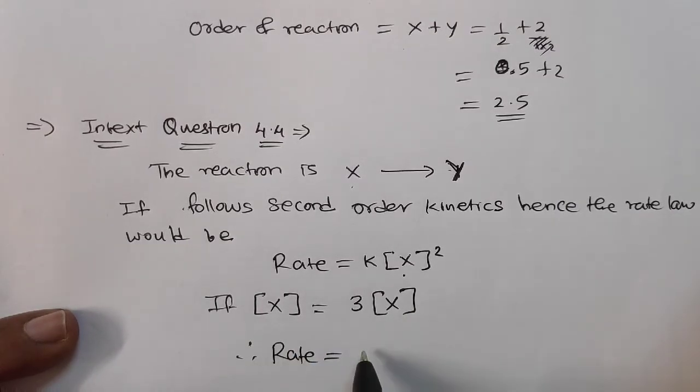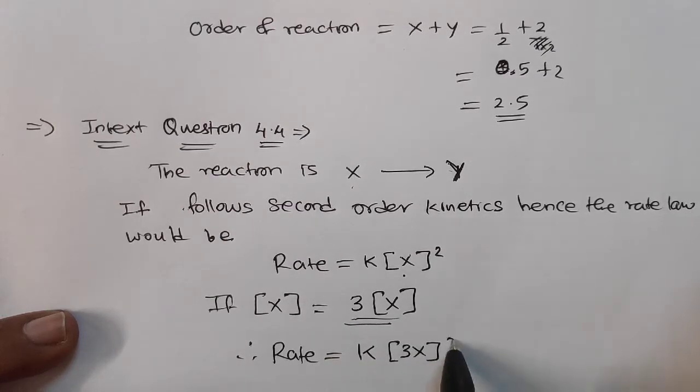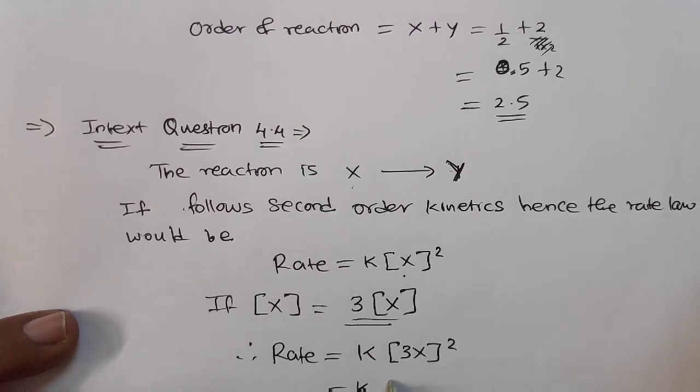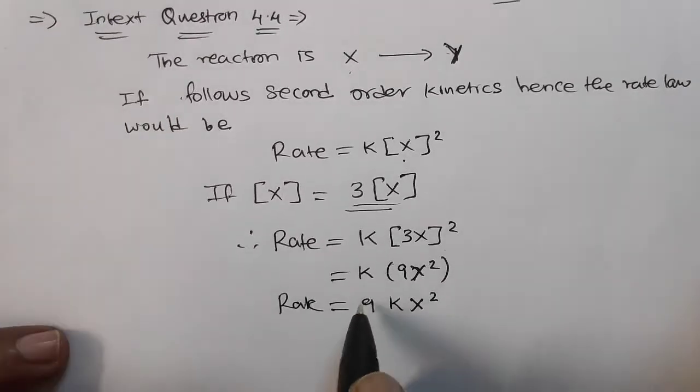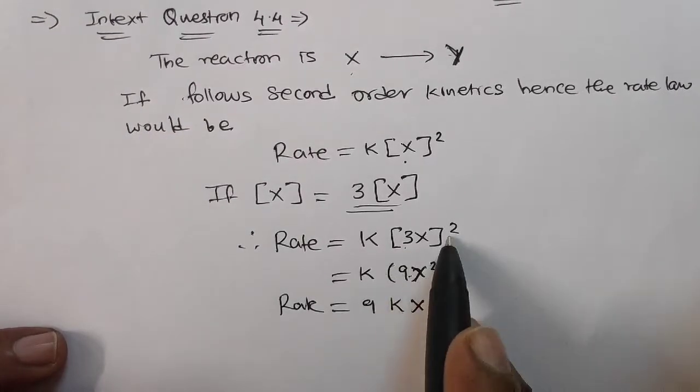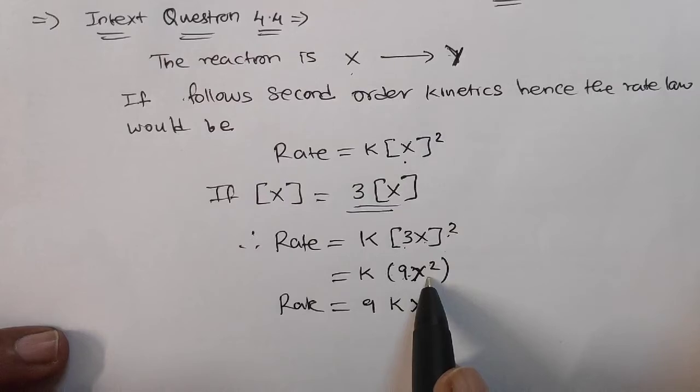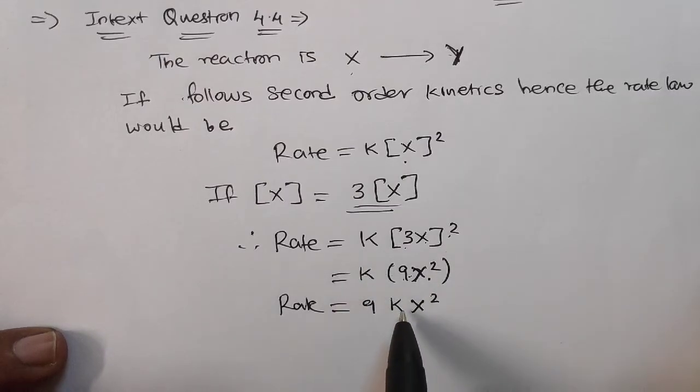The rate will be equal to K into 3X whole square, which is equal to K into 9X square. I can write it as 9K X square also. It is 3 square and X square. So this part I think you understood.